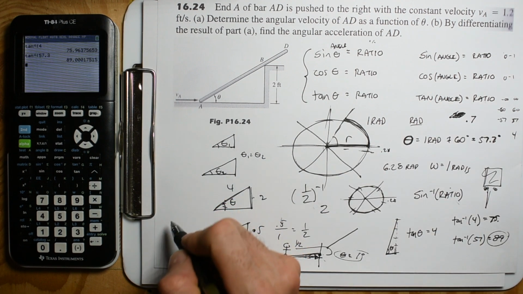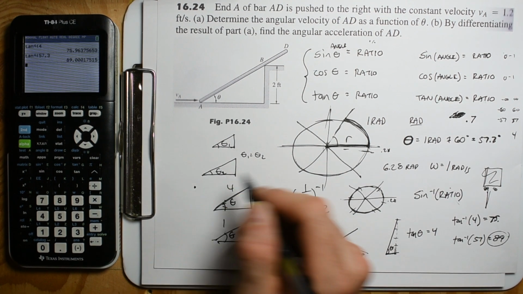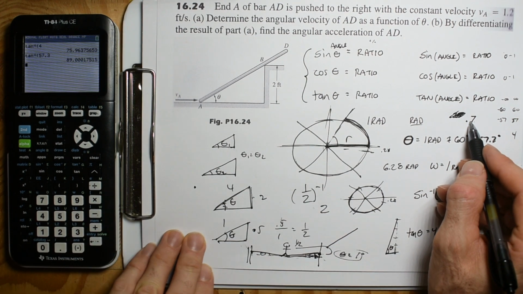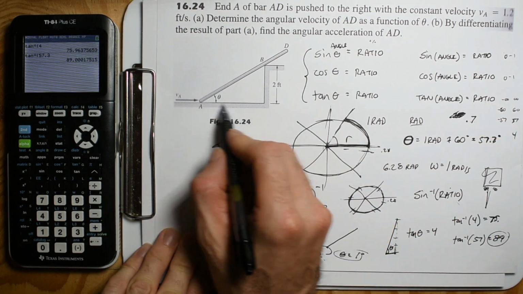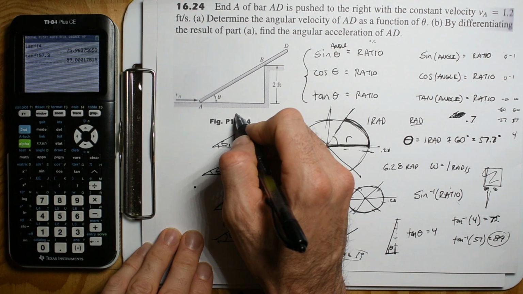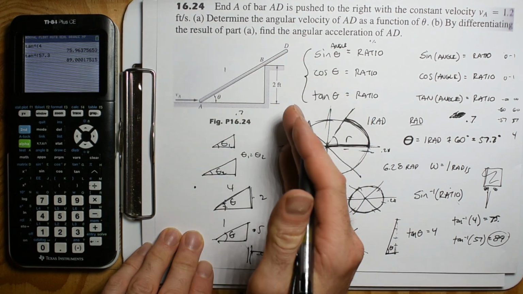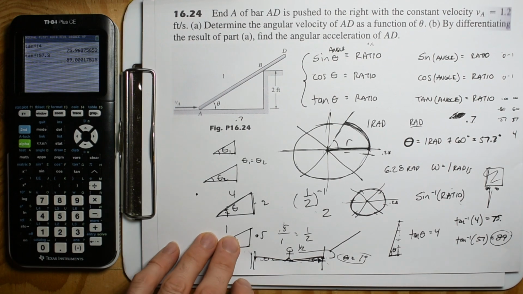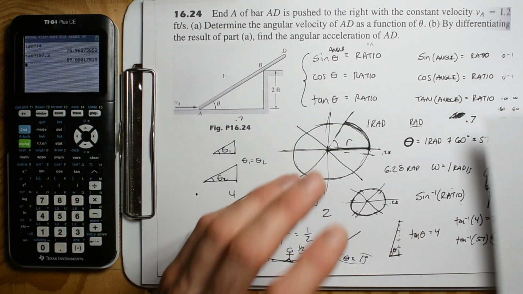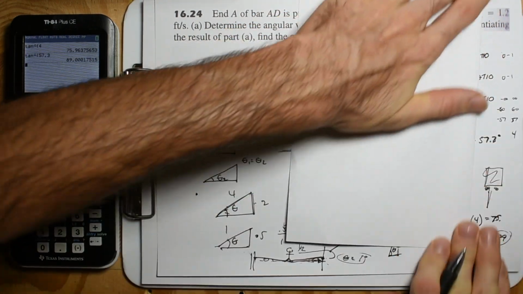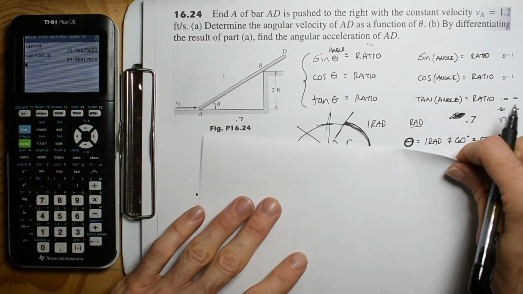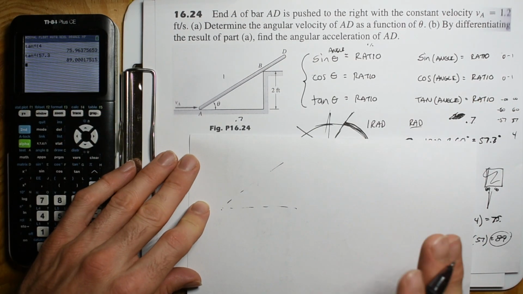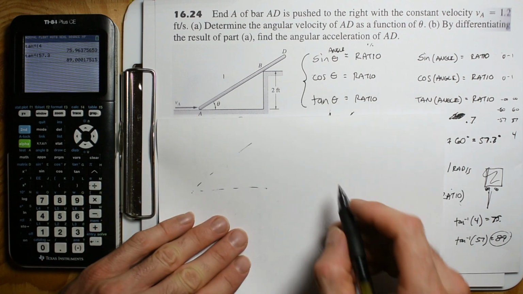The cosine says this adjacent part is going to be 0.7, and the hypotenuse is going to be 1. So let's try to draw that. I don't have any extra sheet of paper. Let me fold this. Yeah, this will be a good one. What's the ratio of cosine? It's this adjacent to this hypotenuse. That's it.